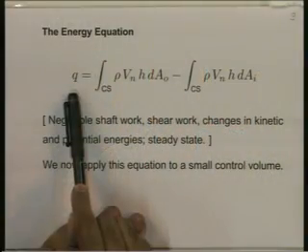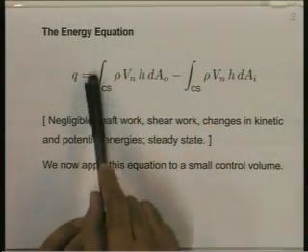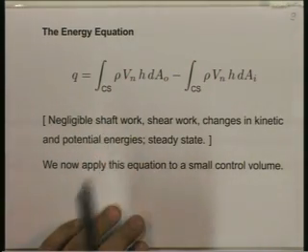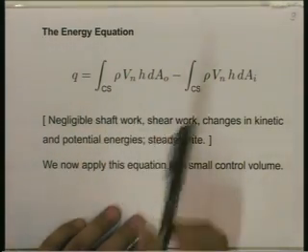And this simplification leads to this simplified form, which is directly pertinent to forced convection heat transfer. And you will notice that we have the heat transfer to the control volume, and on the right hand side we have the total net outflow of enthalpy.